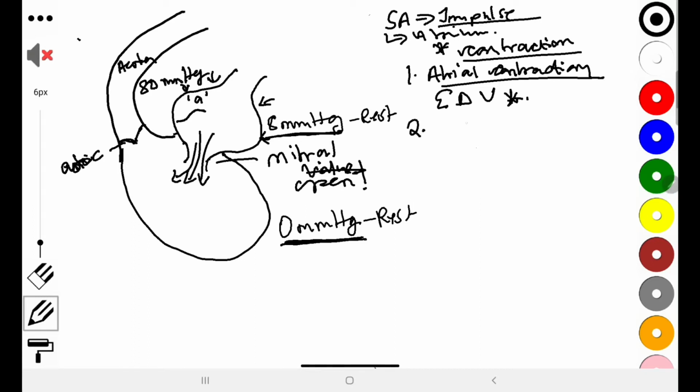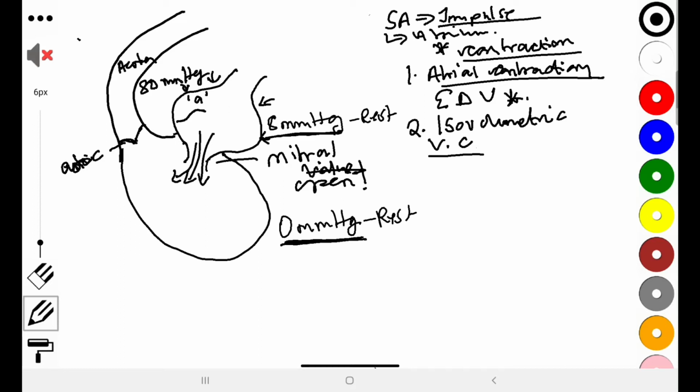In the second phase, we have what is now known as isovolumetric ventricular contraction. All right, so what is happening here? Now the impulse has reached the AV node and is now being translated into the ventricular area.